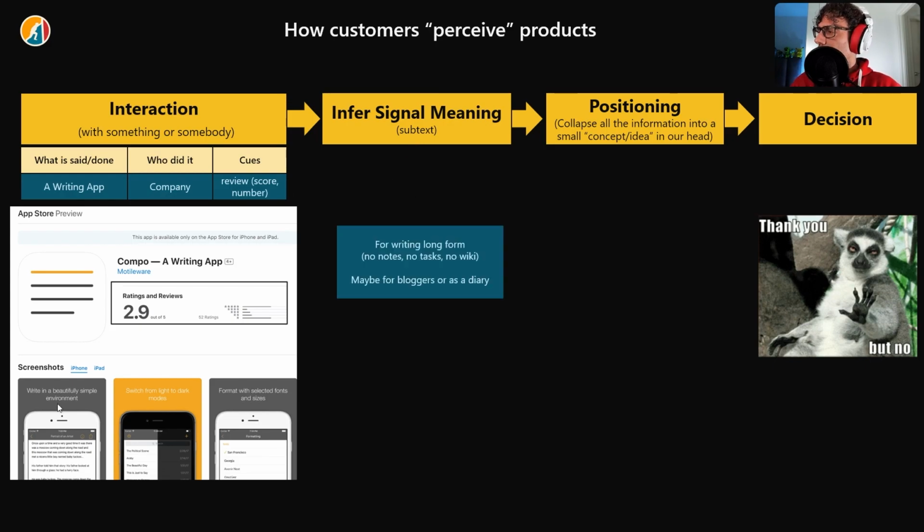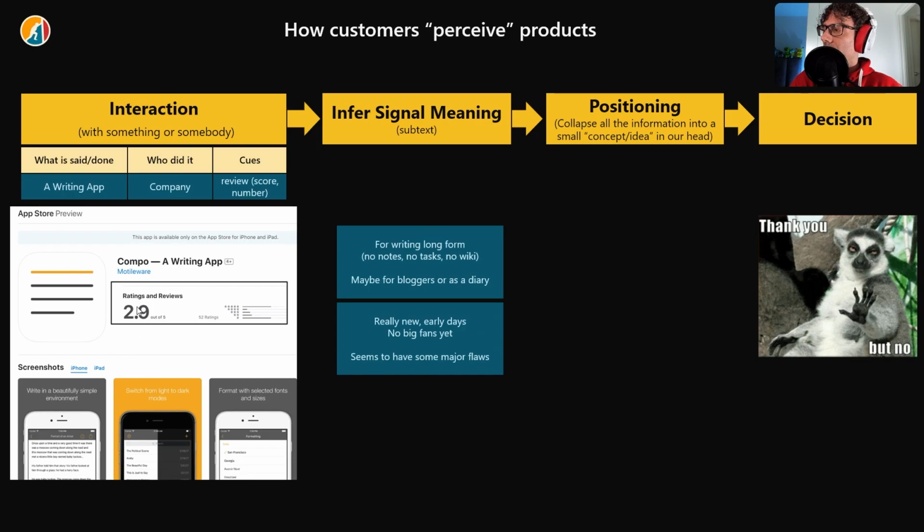It's like, okay, when looking at this, it doesn't look like an app. I don't see checklists, I don't see links, I don't see a lot of pieces. So it looks like a note app where you write a lot, something for a blogger or a diary. You also saw really quickly, okay, very few ratings, where you have probably the users' family and friends supporting the project.